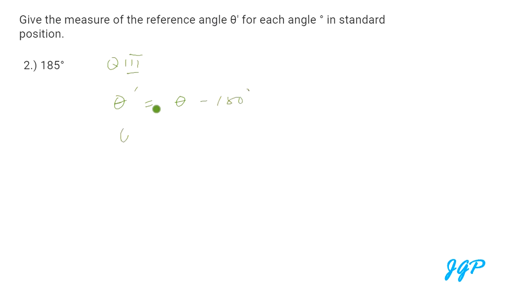Okay, let's substitute. Reference angle is equal to the angle given, 185 degrees, minus 180 degrees. Reference angle is equal to 185 minus 180, we have 5 degrees. Meaning, the reference angle of 185 degrees is equal to 5 degrees.